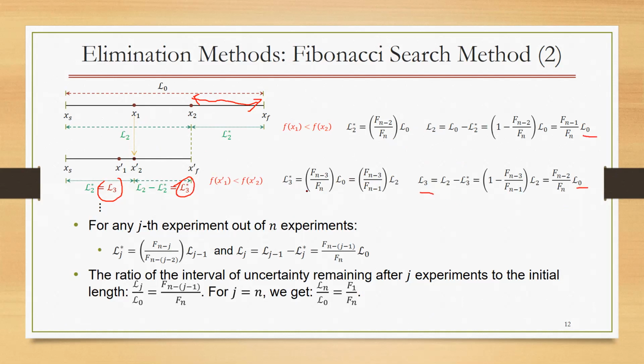So if you do J number of experiments, suppose we have a total of N experiments that we want to conduct, and out of N, we are on the Jth experiment. After finishing J experiments, the remaining length L star J can be written in this general form, which Sultan said we can reduce into some constant value.